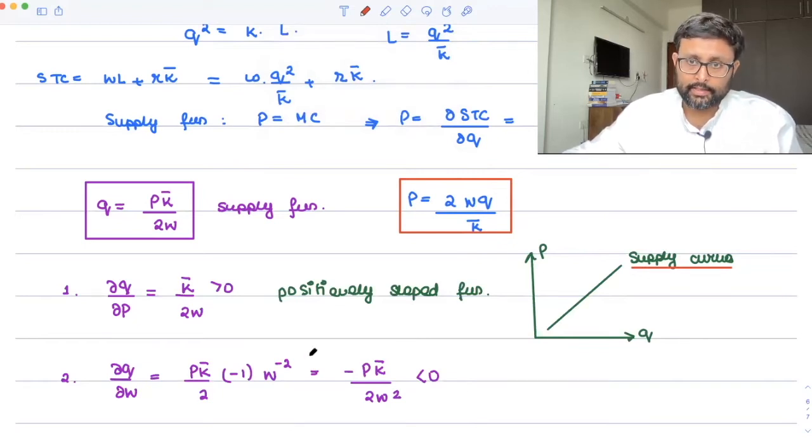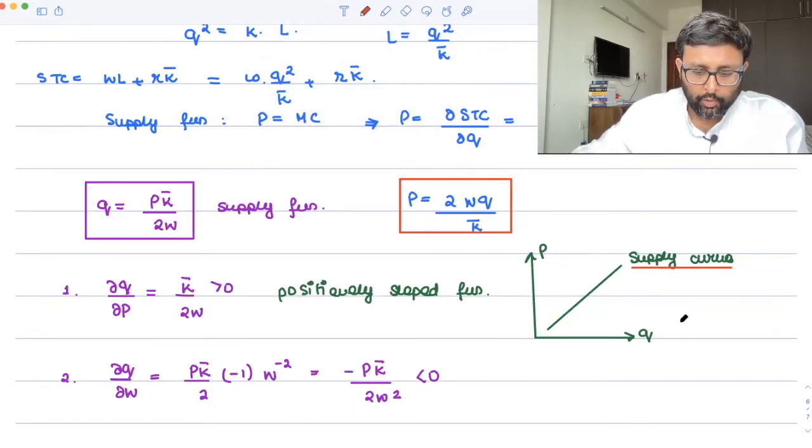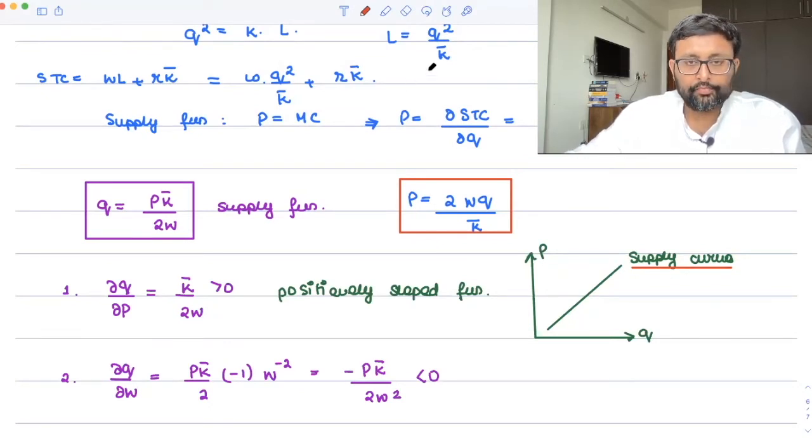Anything else apart from P that changes, so you are not drawing W, you're not drawing R here in this R2 space, will be a shift in the supply function. So in this case, you will say that the supply curve is shifted to the left.